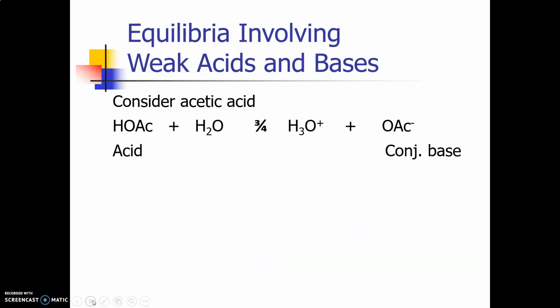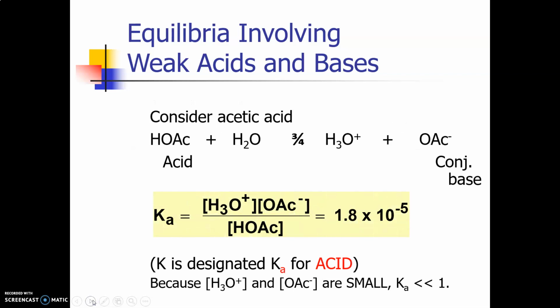And here, equilibria involving weak acids and bases. Do you remember the acid and the conjugate base, the base and conjugate acid? Yeah. Okay, consider acetic acid, HOAc, which is an acid because you have an H+. With H2O it gives H3O+, hydronium, and OAc-, which is the conjugate base.